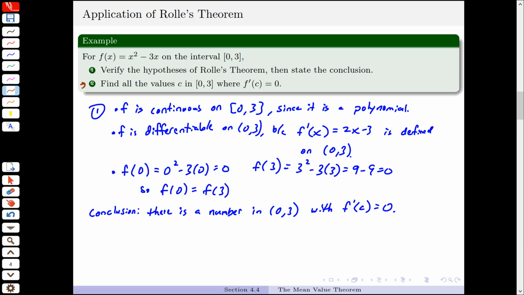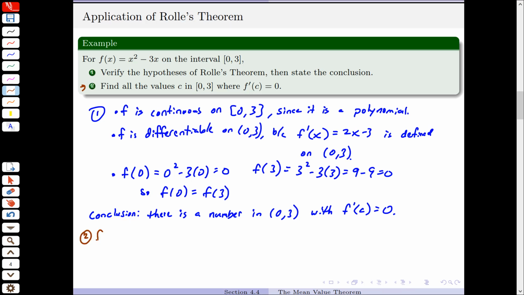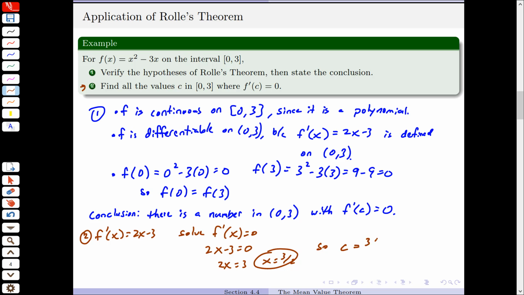Well, we know that f'(x) is 2x minus 3. We just need to find the values of this derivative that are equal to 0. So we solve f'(x) equals 0. So we get 2x minus 3 equals 0. So x is 3/2. So c equal to 3/2 is the value we are looking for.